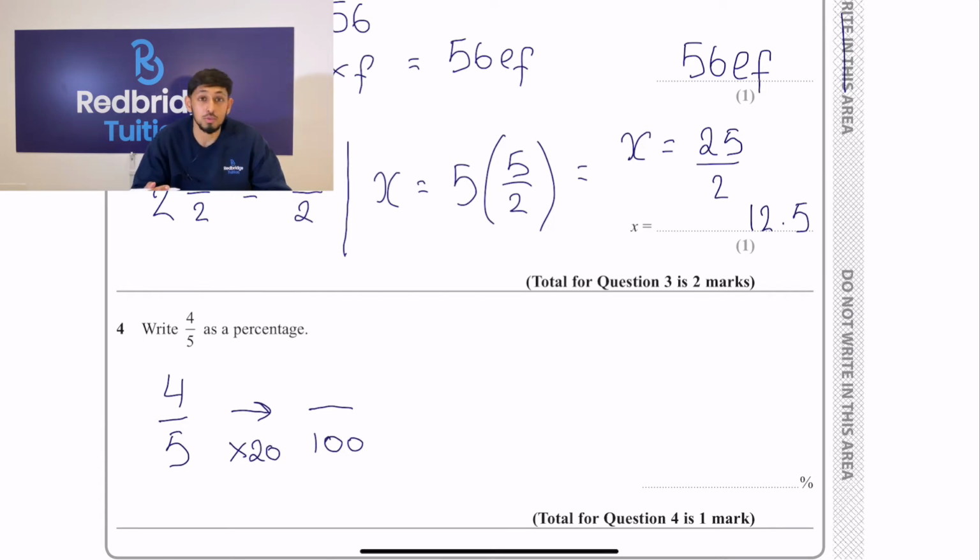So we times 4 by 20 also, and we get a final answer of 80 out of 100. Now, the final step is just writing our percentage. Our percentage will always be the numerator if the fraction is out of 100. So our percentage would be 80.